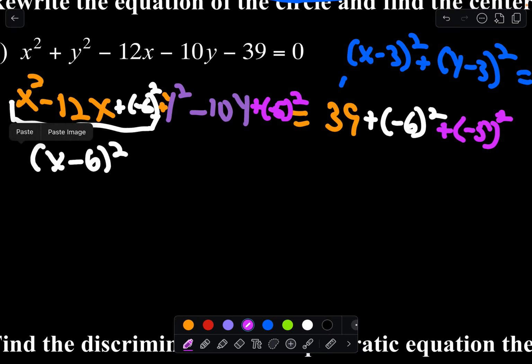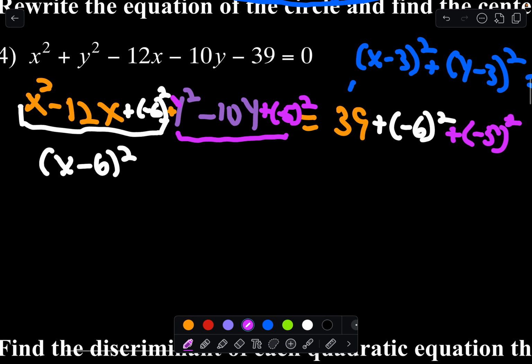Now what's kind of cool is that this y squared thing on the left, in that purple, pink, whatever color that is, just collapses into y minus 5 squared.